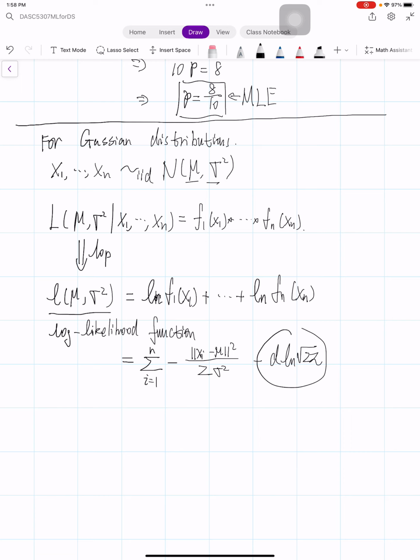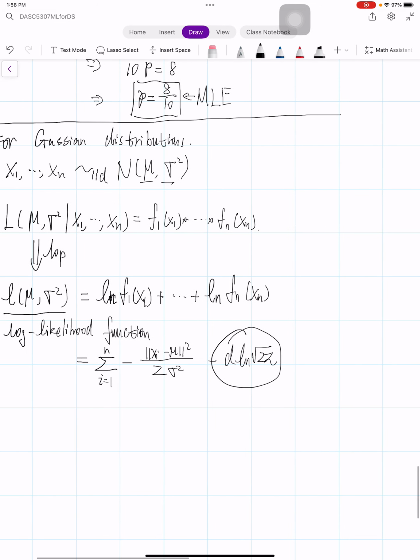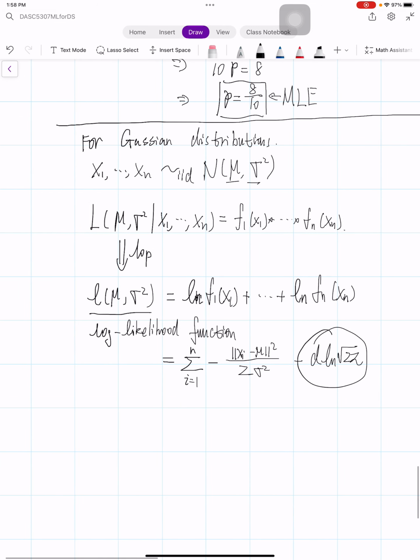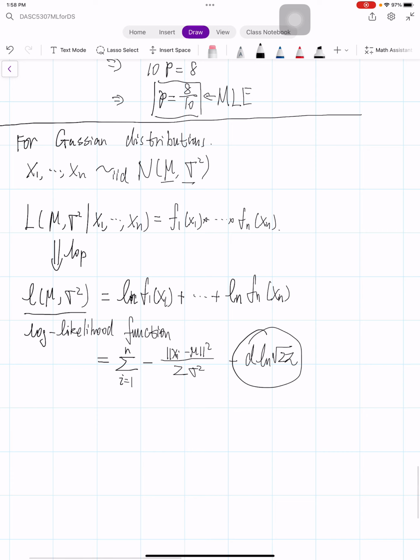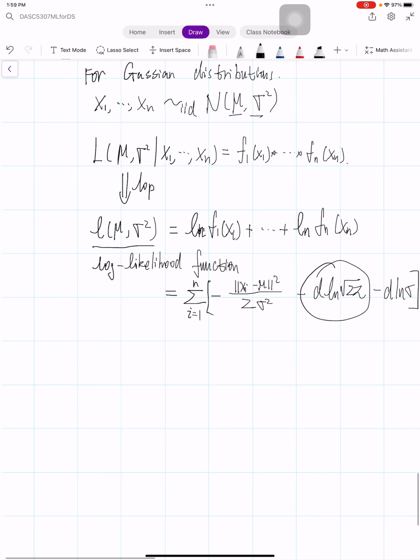This is a constant, no parameter involved, so when we maximize this function, this term does not matter. And minus d log sigma. So we should have parentheses here.